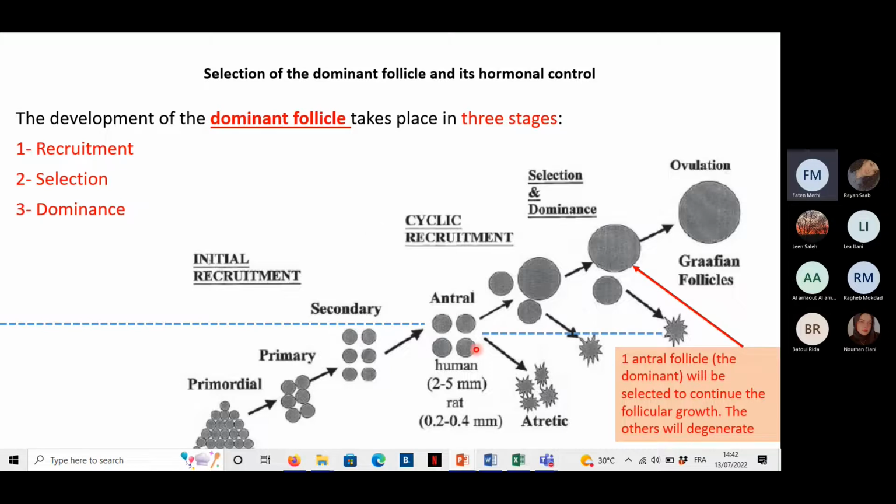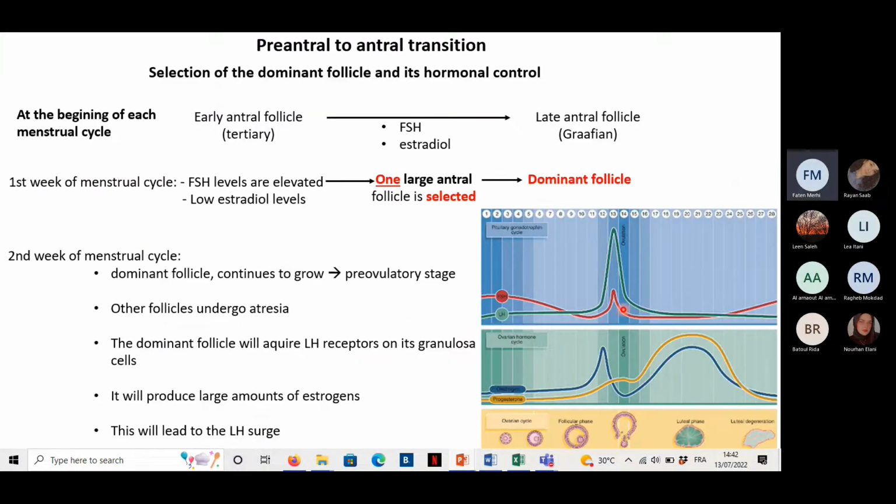So those early antral follicles, many of them at the beginning of each menstrual cycle, have now receptors for the FSH and the LH, okay? And under the action of FSH, here we have the endocrine, the gonadotropin variation during the menstrual cycle, and the variation of the estrogen and progesterone during the ovarian cycle.